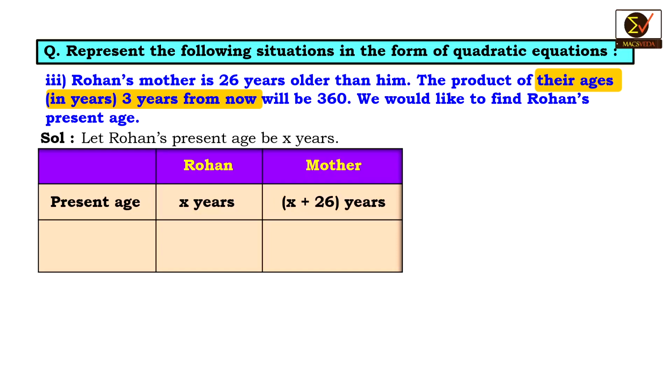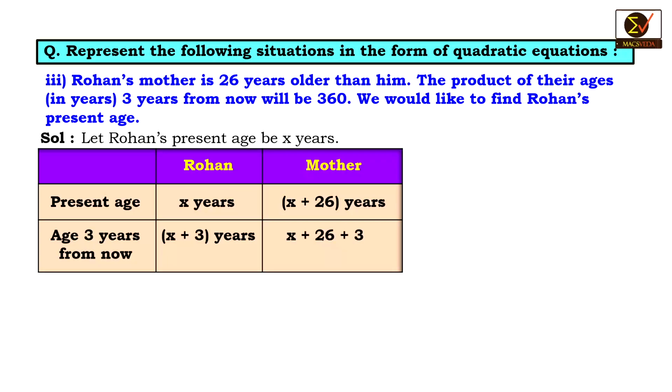So the product of their ages 3 years from now will be what? It is given as 360. So if the present age of Rohan is x, then what about his age after 3 years? It is x plus 3 years. What about mother's age after 3 years?